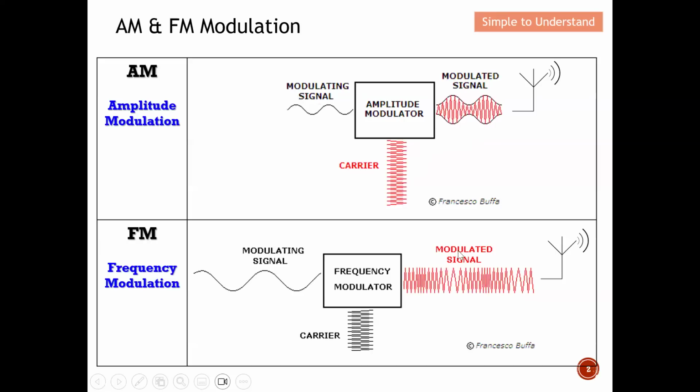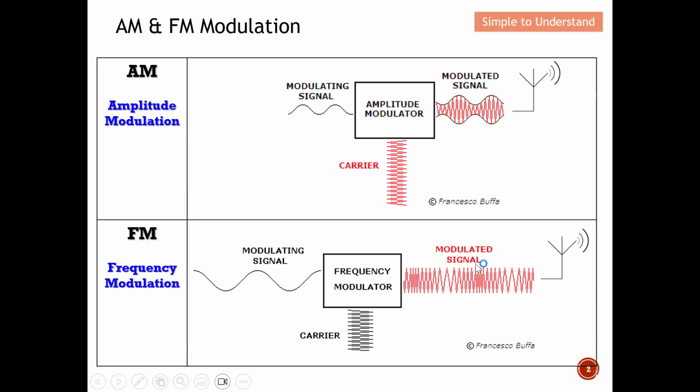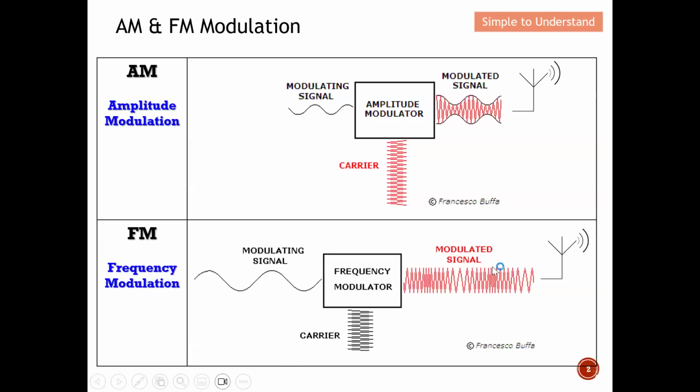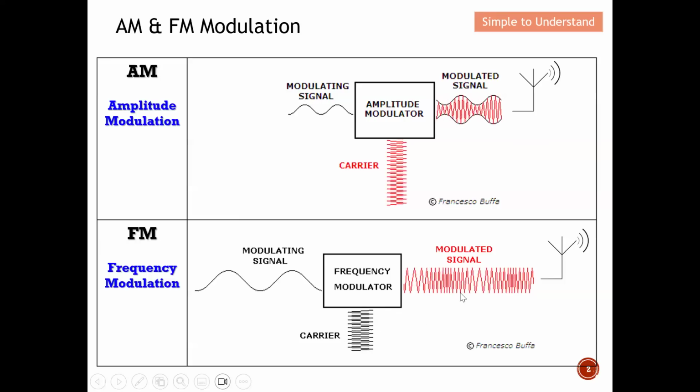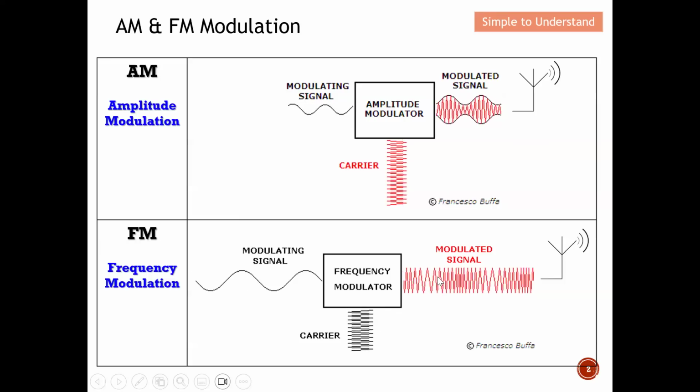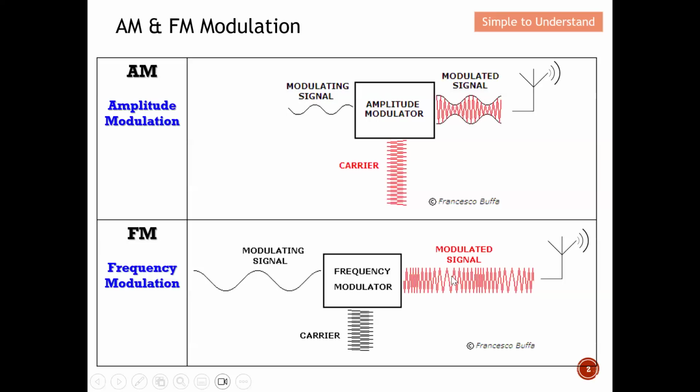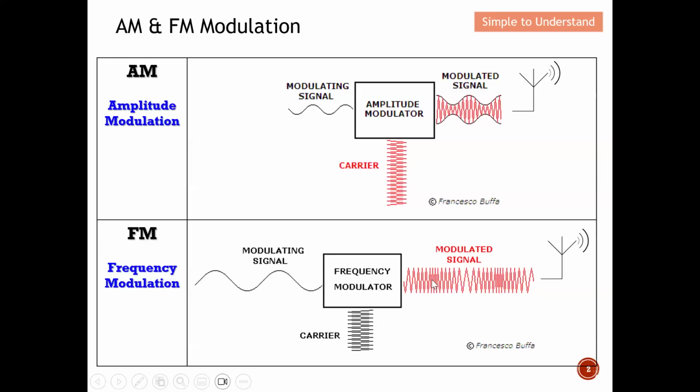You can see that now the amplitude of the modulated signal is constant, which means it has the amplitude of the carrier. But you can see that the frequency actually changes. In short, the frequency of the modulated signal changes with the amplitude of the modulating signal. The higher the amplitude, the higher the frequency.